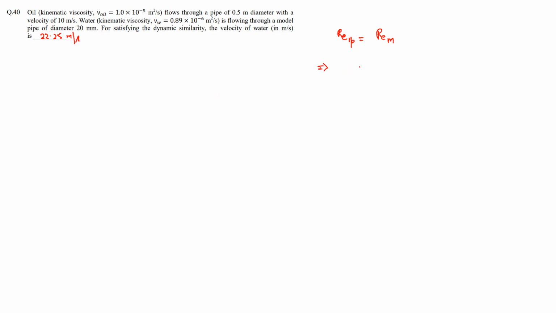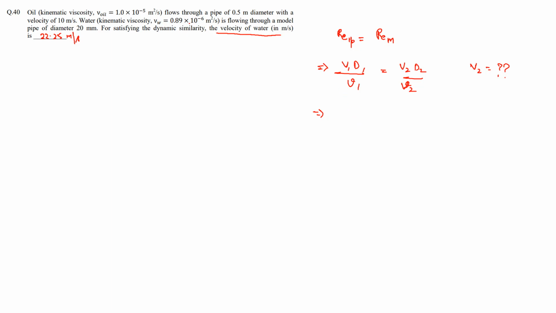So I'll just write down the values here for completeness. So this is V1 D1 over nu1 equals V2 D2 over nu2, and we are after V2. So V2 is what we need to find, and you can substitute the other values here.